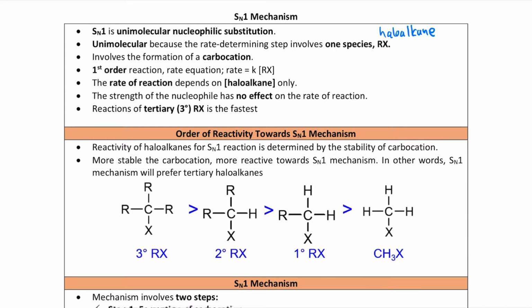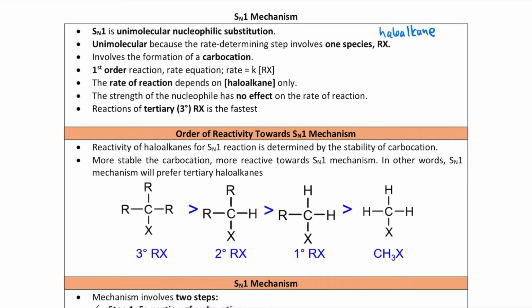Okay, so kita tengok kat bawah ni, nak explain yang point ni, so kita kena tengok bawah ni. Okay, so order of reactivity towards SN1 mechanism. Before this, kita tengok order of reactivity towards both reaction SN1 and SN2 yang page sebelum ni. Okay, but now kita nak tengok specifically untuk SN1, order of reactivity dia macam mana. Okay, so reactivity of haloalkane for SN1 is determined by stability of carbocation. Okay, tadi kan saya ada cakap dia involve carbocation for SN1 mechanism.